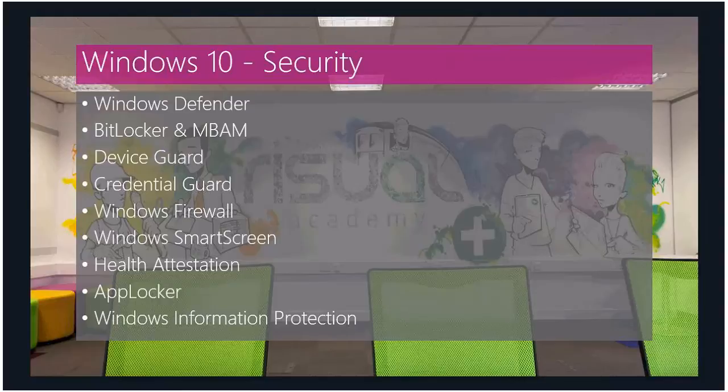Things like device health attestation, Credential Guard and Device Guard, although you can use them separately, they all use the same technology and offer that same separation. Device Guard is for your signed applications, Credential Guard is the separation of passwords, and health attestation is what gets passed on to a service, which can be used from Configuration Manager or even cloud services that provide health attestation services.